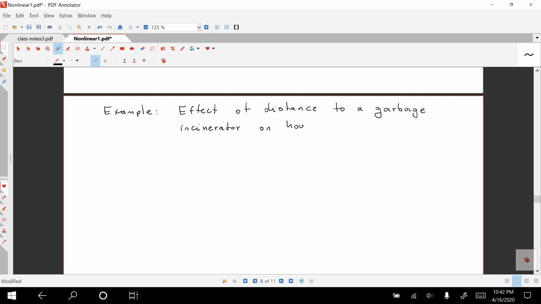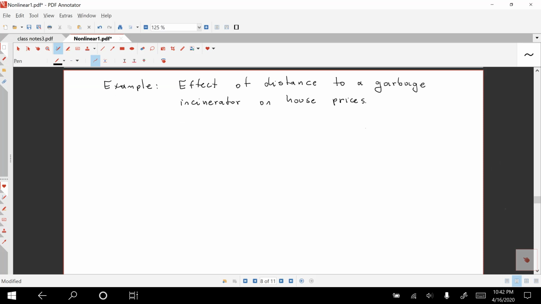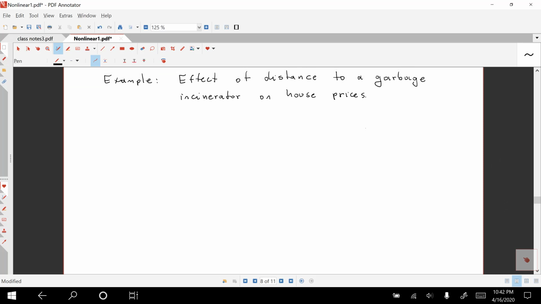Okay, so we had several examples where we were looking at the effect of several things on house prices, and this is from our textbook, Wooldridge's textbook.